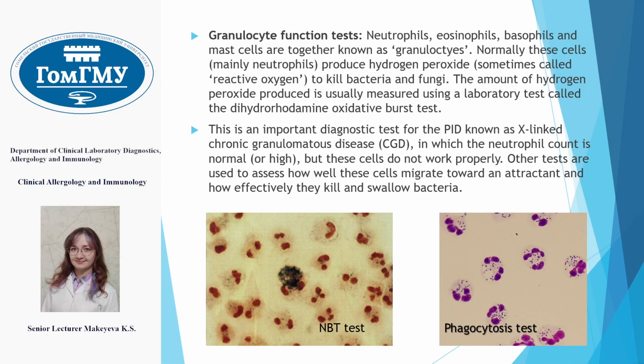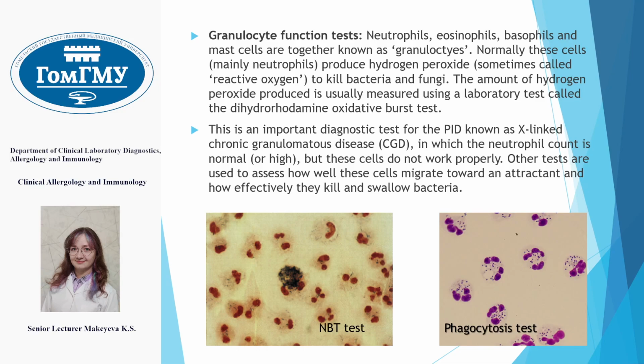Granulocyte function tests. Neutrophils, eosinophils, basophils, and mast cells are together known as granulocytes. Normally, these cells, mainly neutrophils, produce hydrogen peroxide, sometimes called reactive oxygen, to kill bacteria and fungi. The amount of hydrogen peroxide produced is usually measured using a laboratory test called the dihydrorhodamine oxidative burst test.